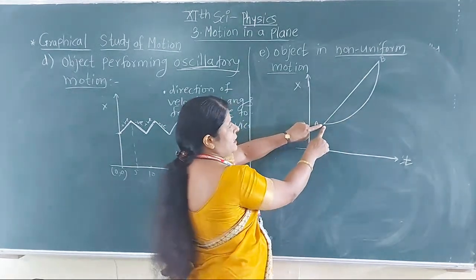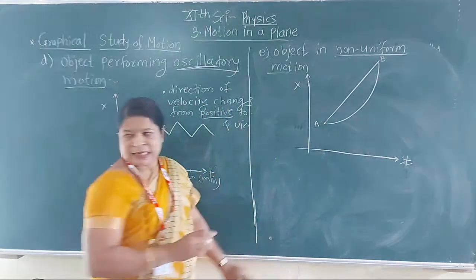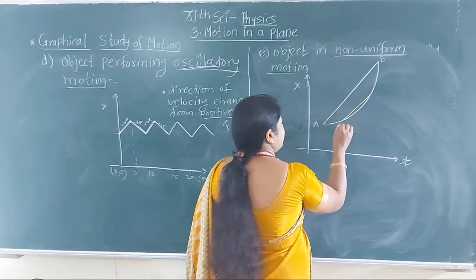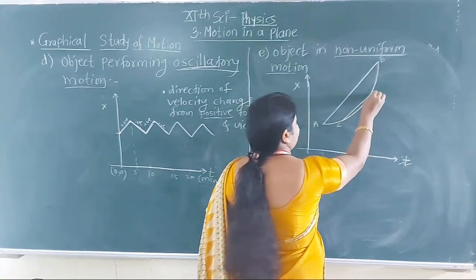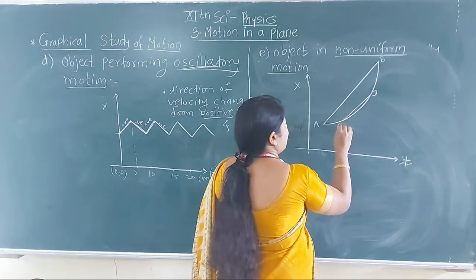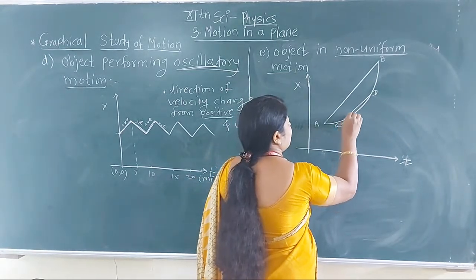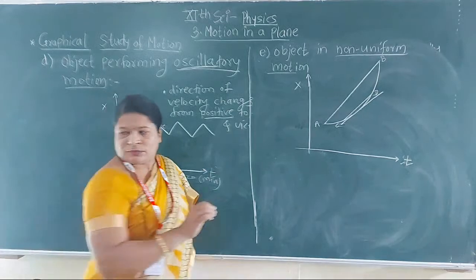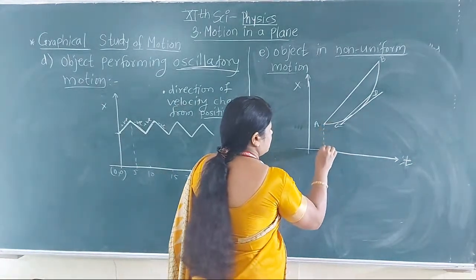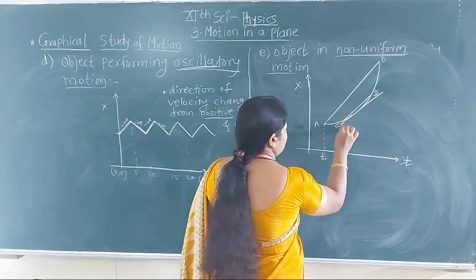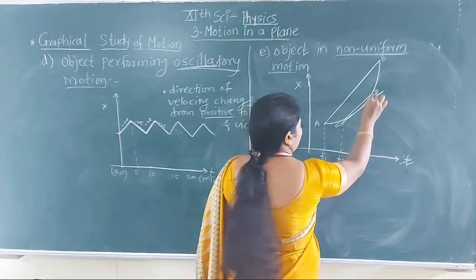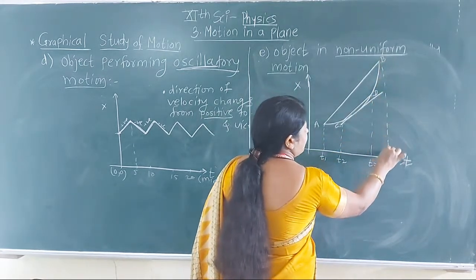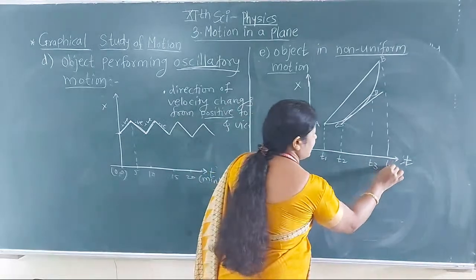So displacement is from point A to B, and along this direction there are 2 points, C and D. If we take a tangent line like this, this time we take as T1, T2, T3, and at point B where the object stops, that is T4.